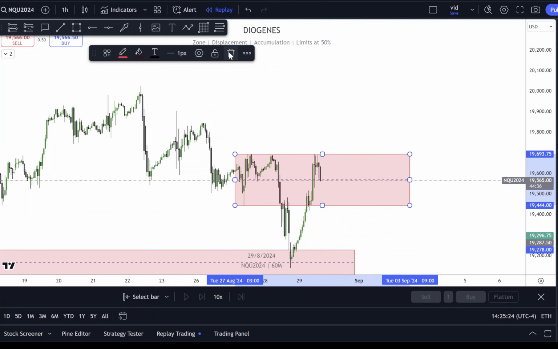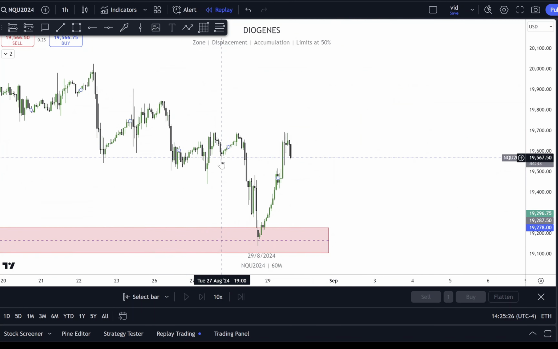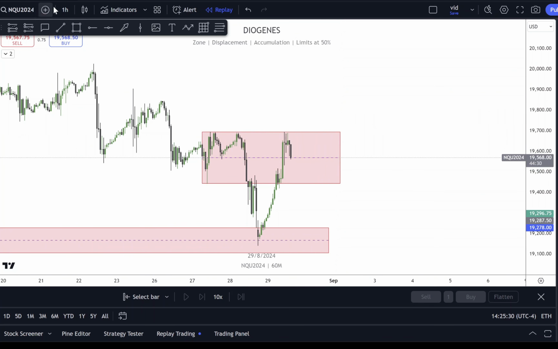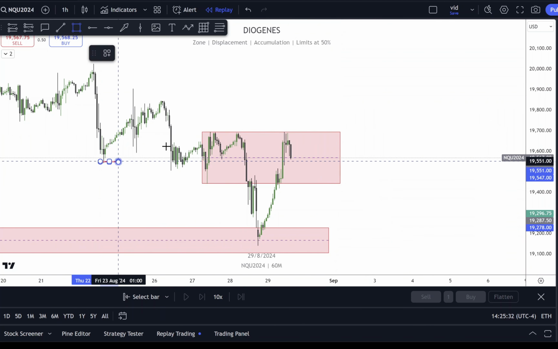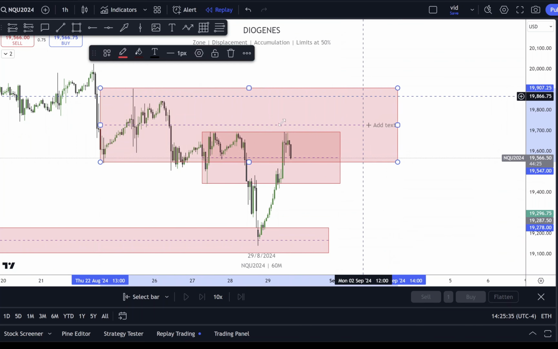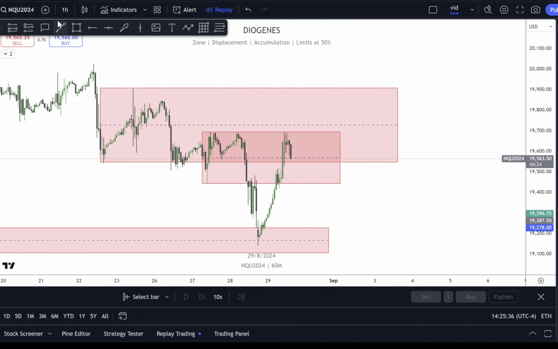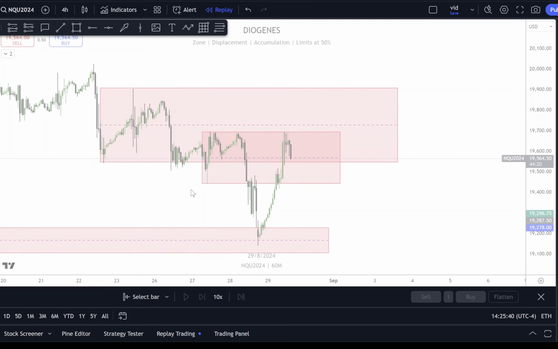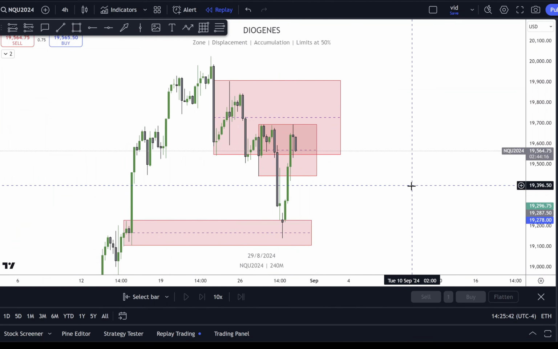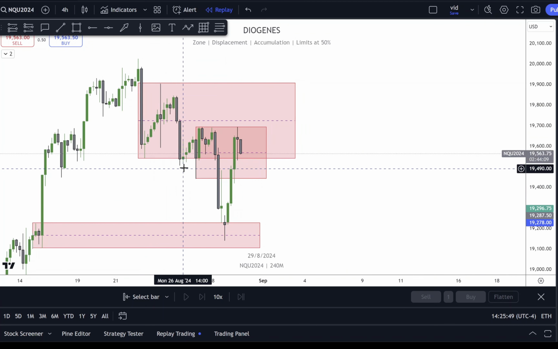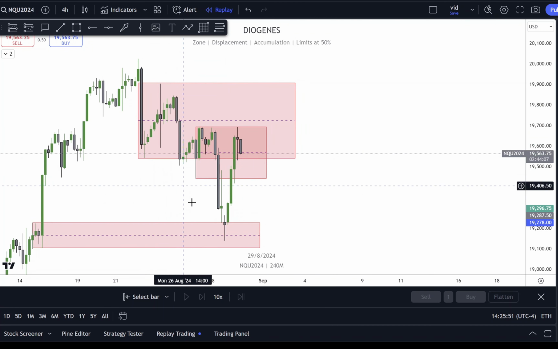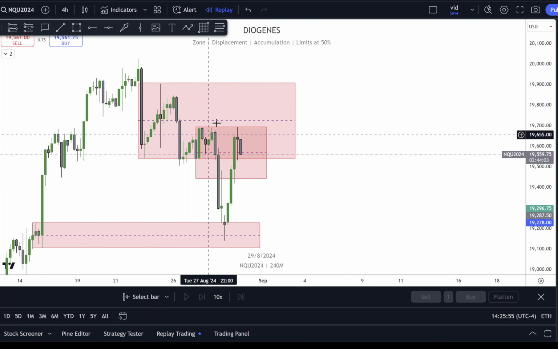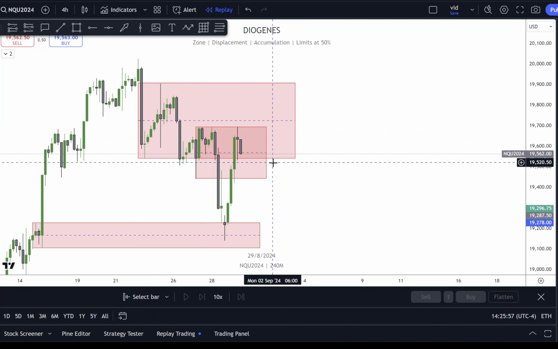Now what I see here again is that we had this unmitigated zone here, right? And we also had this unmitigated zone here, right? So maybe let's go to an even higher time frame, like 4 hours. And here, this actually closed only on the 4 hour, but this looked just like a tap for this zone, right?